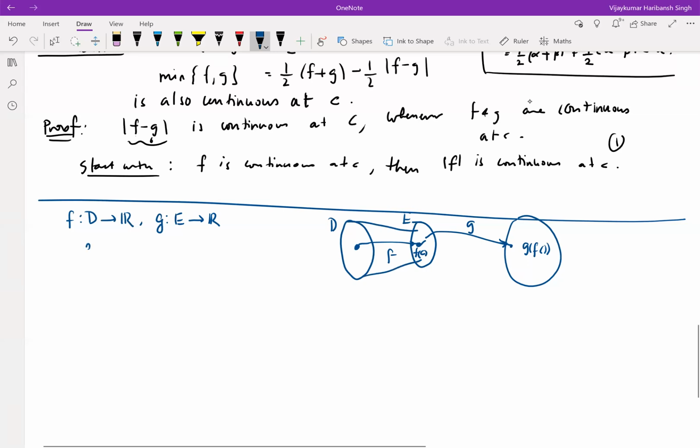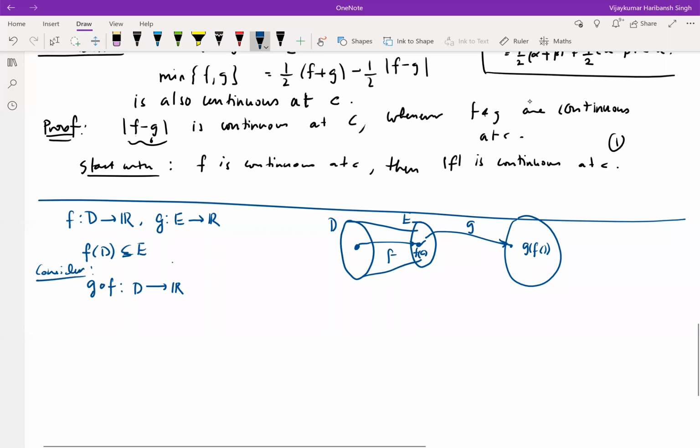We need that f of D as an image sits inside E. Then the claim is that you can talk about the function g of f going from D all the way to R. So consider this function.